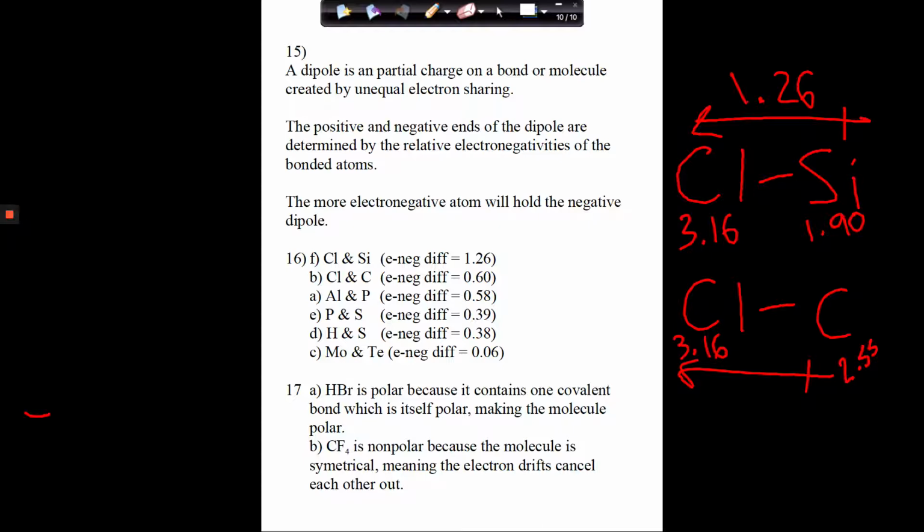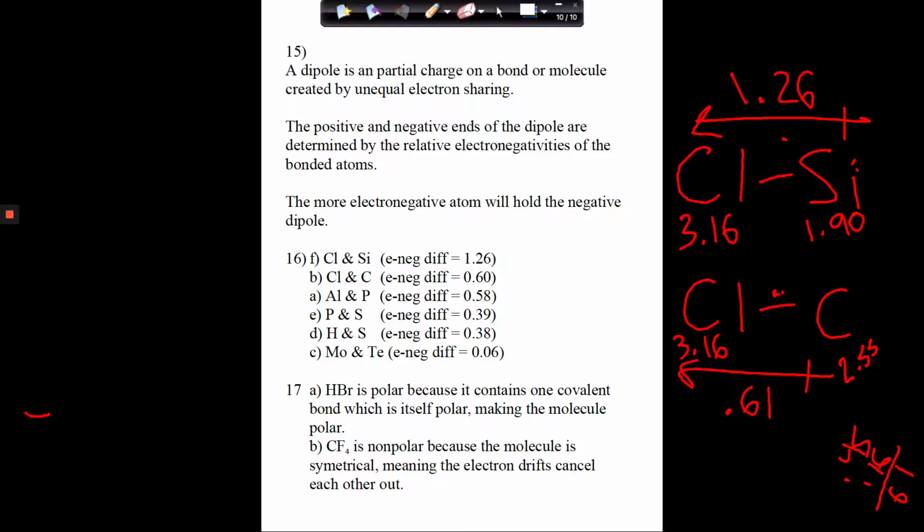Now when we come down here to do this one, what's 3.16 minus 2.55? So guys, this bond has a polarity of 0.61. That means that this bond is more polar than this bond because these are both chlorines, but silicon is weaker than carbon. Do you see how that works?